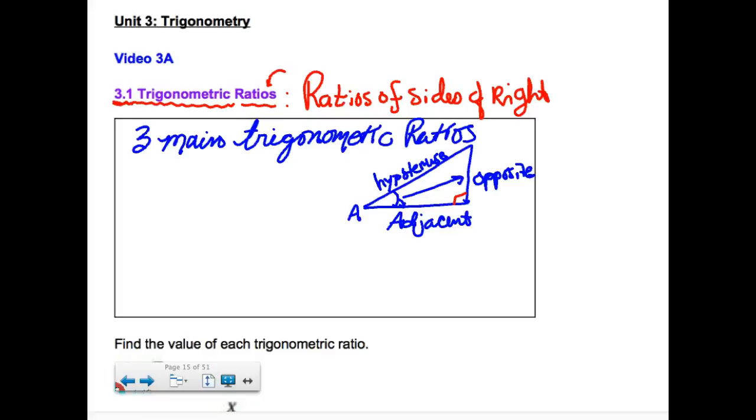So we're going to be a little bit more specific on how we classify these. And then we have 3 ratios that we're going to identify. We are going to call the sine of angle A the ratio of its opposite side to the hypotenuse.